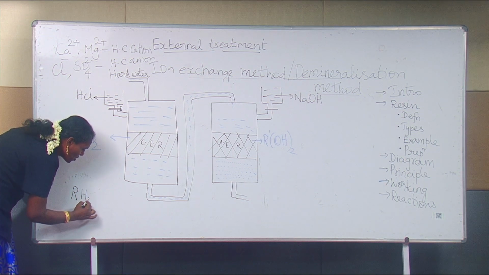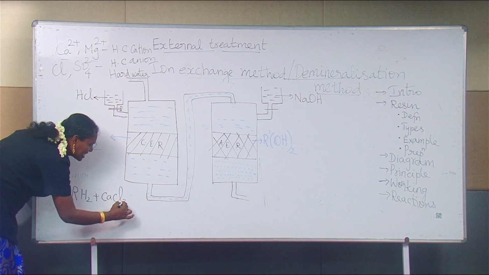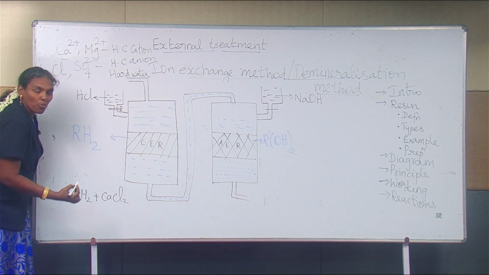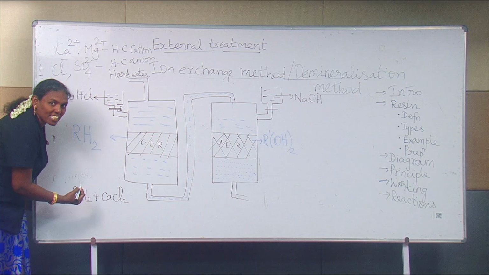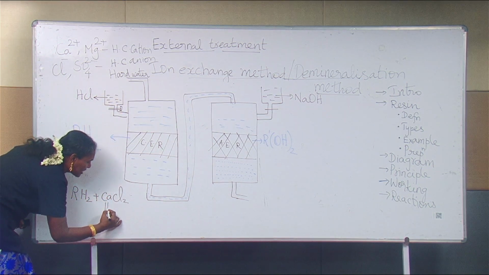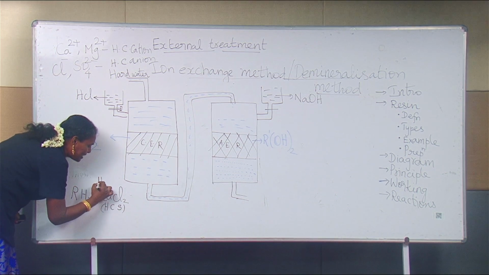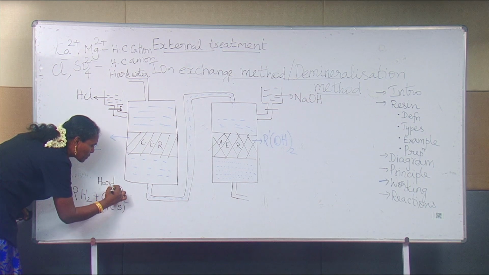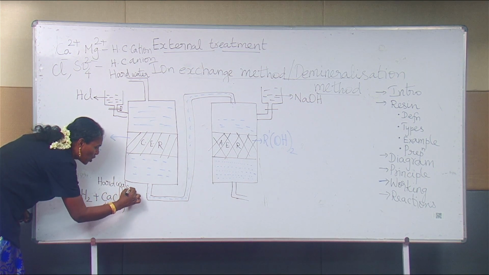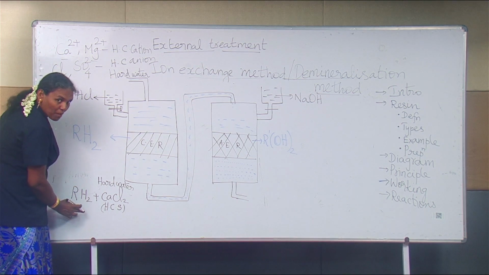RH2, for example, which salt is present? CaCl2, I will take it as an example. Where is this CaCl2 present? It is present in the hard water. This is nothing but a hardness causing salt. Clear? Then what will happen?